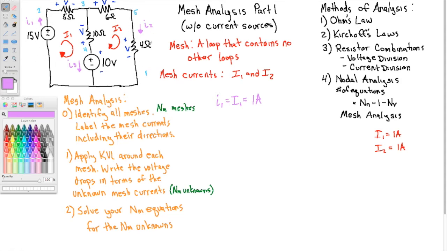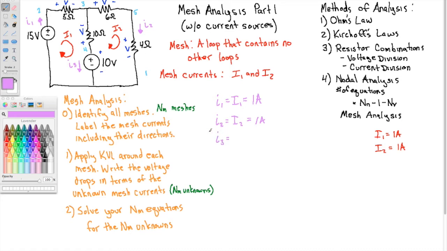Similarly, over here at the rightmost branch, lowercase I2, branch current I2, is equal to capital I2, because mesh current I2 is the only mesh current contributing to branch current I2, and they're in the same direction, so they're equal. So there's 1 amp there, going through this 4 ohm resistor, going through this 6 ohm resistor.